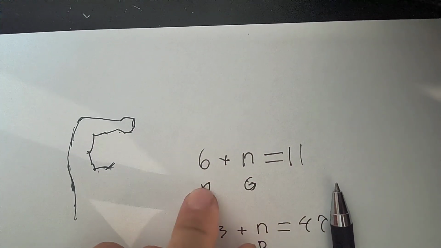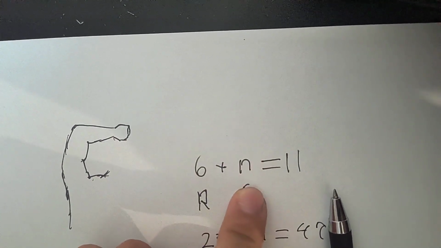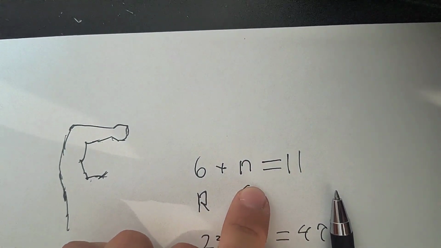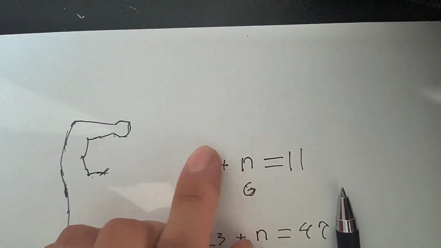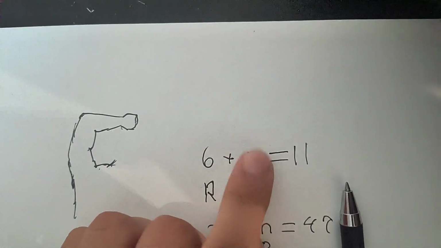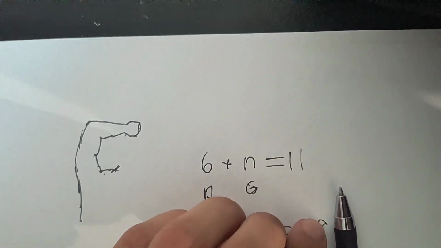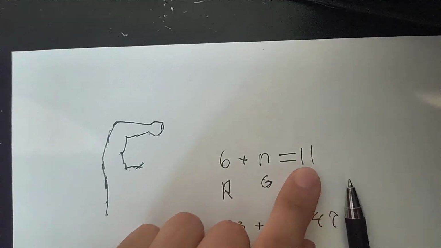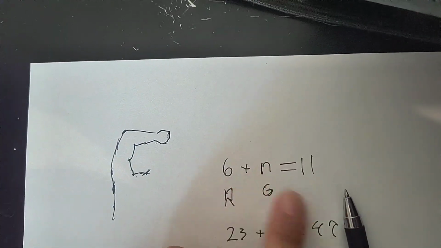You'd say, I have 6 red, and I have a certain amount of green, and together they make up 11. So we would say the 6 red plus an unknown amount green is equal to that 11. We could figure it out by subtracting 6 from 11, and then we know how many were green. But that's how you would represent that.